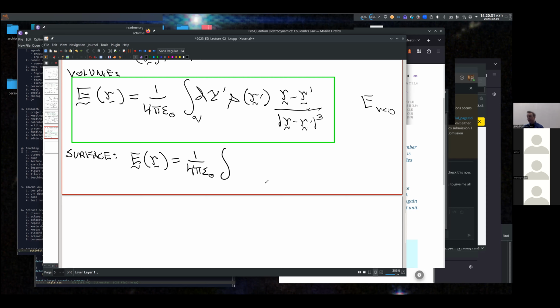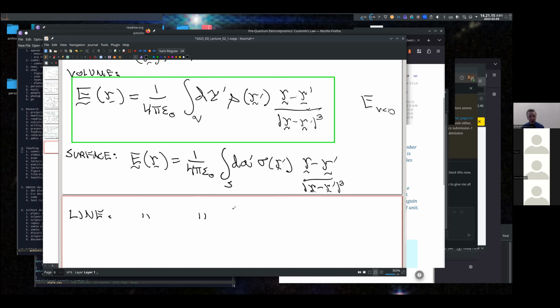And now what I would have is an integral over a certain surface S, whose differential surface element dA prime, has a surface charge area that is a number of coulombs per square meter at this position R prime. And now again the same vector dependence, R minus R prime divided by R minus R prime cubed. Okay, so that's for a surface.